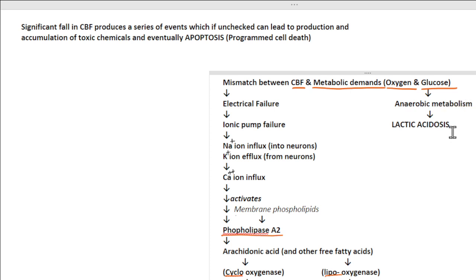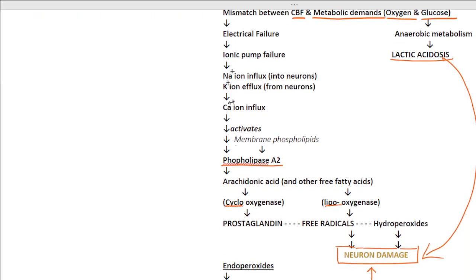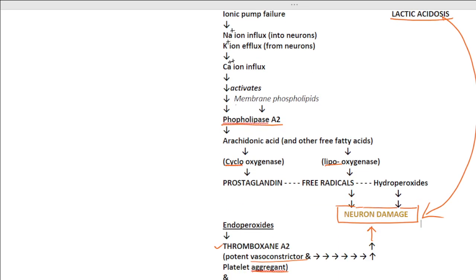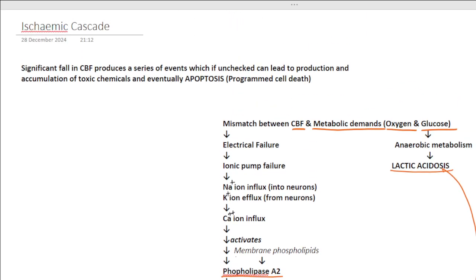This will cause lactic acidosis, and lactic acidosis will in turn cause cell damage, that is neuronal damage. So how good is it? You understood the flow chart? I feel that I could have made it so that it would have been easy to understand. But again, interaction with you guys and teaching one by one is always a joyful thing for me.